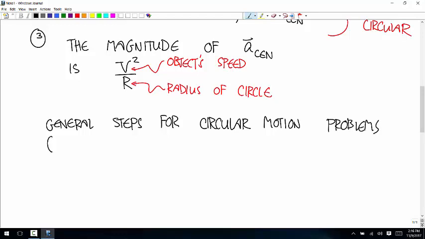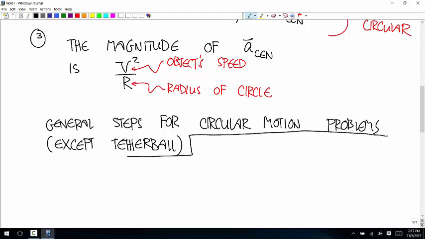There's one type of problem that we're going to approach a little bit differently: tetherball problems. That's problems where something is just hanging from a cable and swinging around in a horizontal circle. We'll address that a little later because there's a really nice, simple way to do that. But everything else, this approach works for.